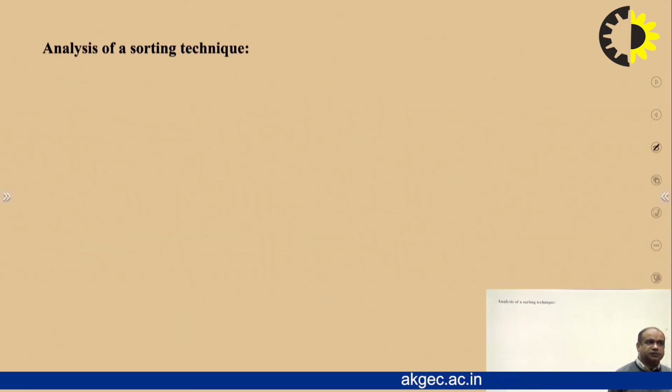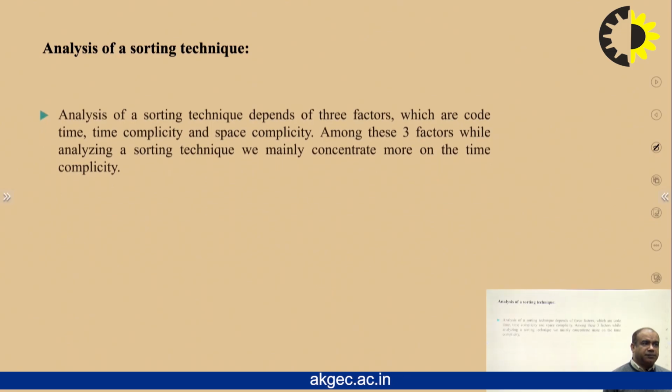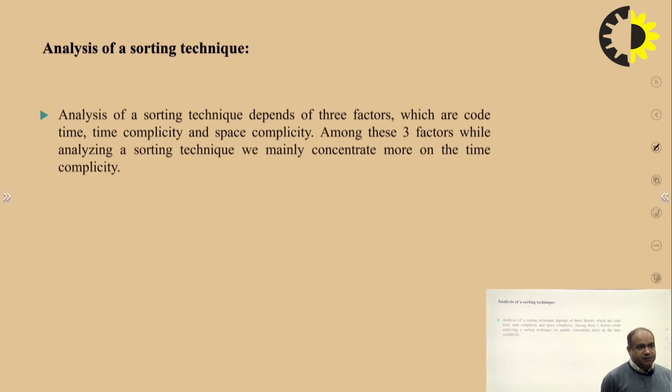Analysis of sorting technique depends on three factors: coding time, time complexity, and space complexity. Among these three factors, while analyzing a sorting technique, we mainly concentrate on the time complexity.